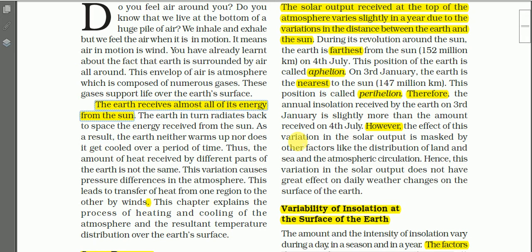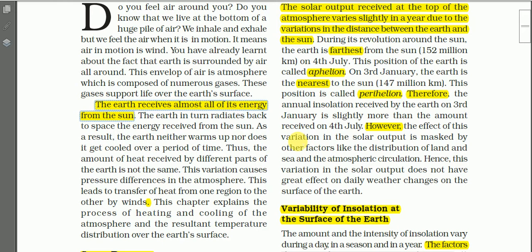Thus, the amount of heat received by different parts of the Earth is not the same. This variation causes pressure differences in the atmosphere, because we know that temperature and pressure are related. And this leads to the transfer of heat from one region to the other by winds.